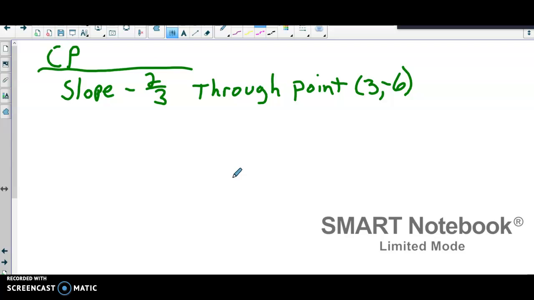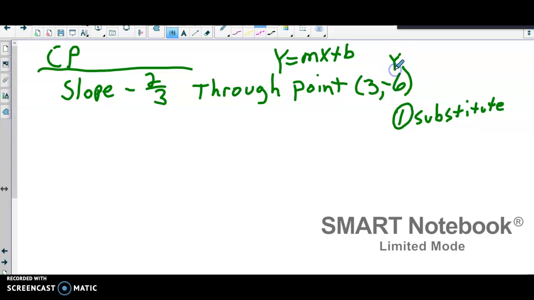Okay, so my first step is going to be substitute. So go ahead and write it up here, y equals mx plus b. Remember, we're replacing the y, m, and x. So my y is -6.